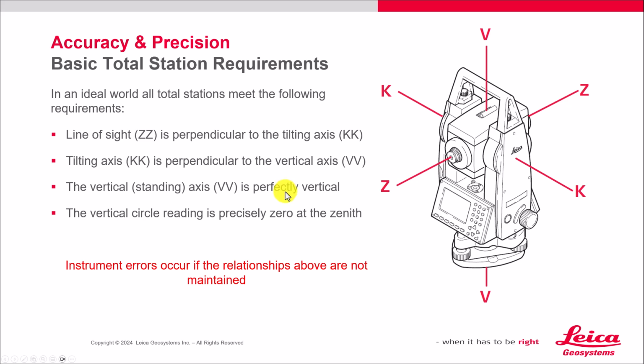And if that's out of plumb, we're going to talk about how we fix that. And the vertical circle reading is precisely 0 at the zenith. So if this is plumb and this vertical axis are together, the zenith is 0. Instrument errors occur if the relationships above are not maintained. They'll never be perfect, but we have to maintain them.